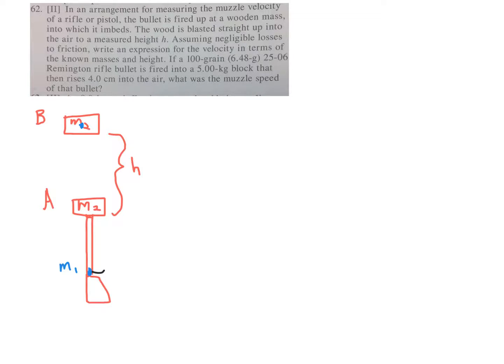So due to the conservation of energy, the GPE at location B of the two combined masses equals the kinetic energy at location A after the bullet has been embedded into the block and it's starting its way up. That's after the collision. It's after the bullet has been lodged into the big block.